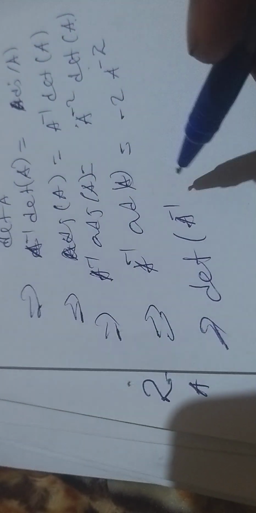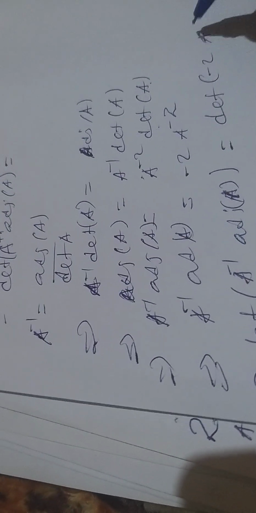So from this, look, the determinant of A inverse adjoint of A is equal to the determinant of negative 2 A raised to minus 2.